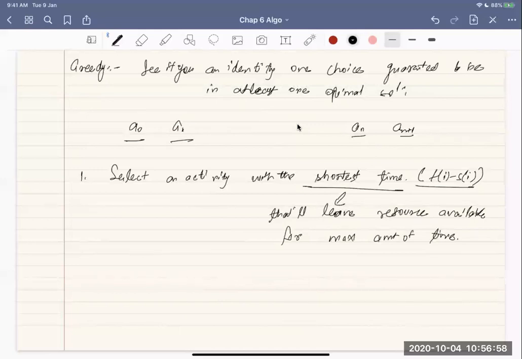What do you think? Whenever we find a greedy property, either we prove this is correct or we find a counterexample. So proof or counterexample.